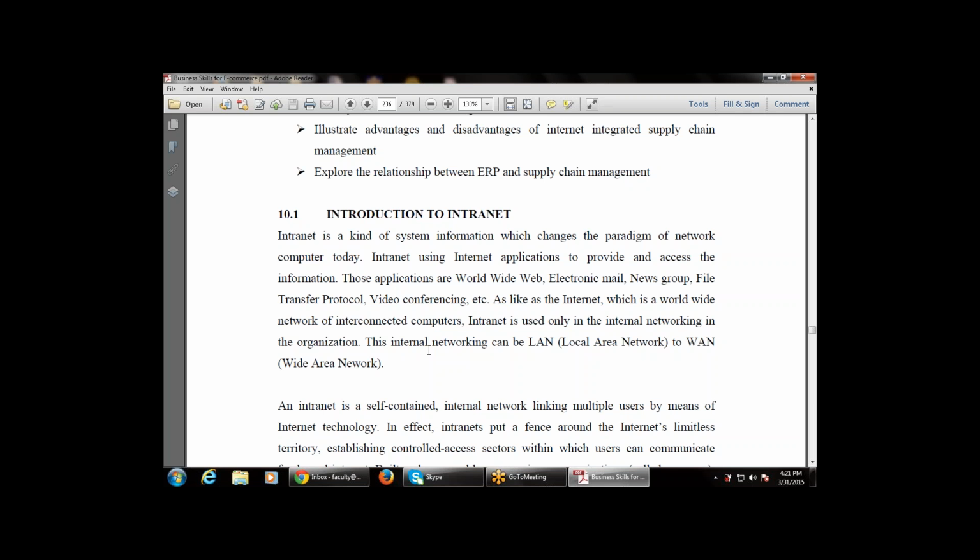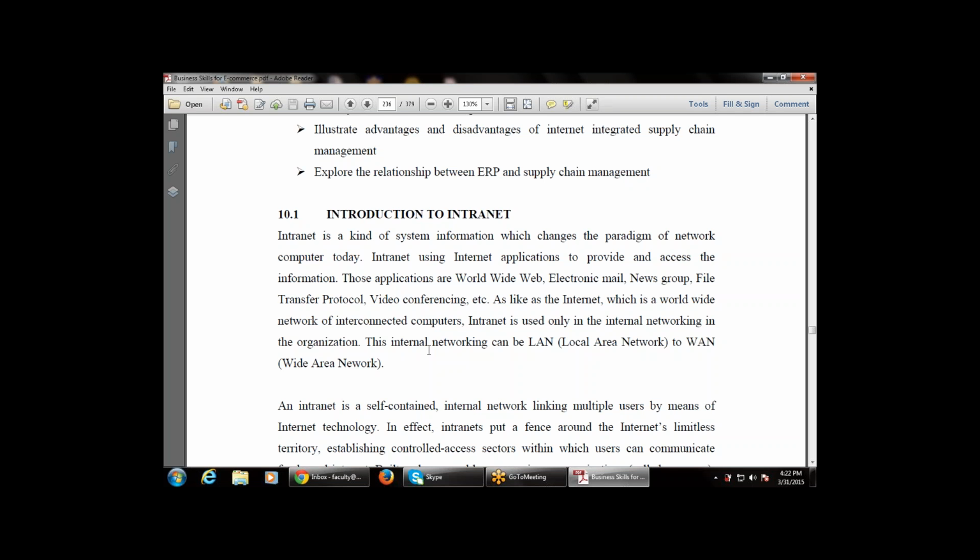Whenever I say internet, that is a collection of interconnected computers. And when I say intranet, that is used in internal networking in the organization, only for an organization. Suppose I am an employee of Mercury Solutions. In this organization there is a network that is known as intranet, and when I access my application, a GoToMeeting application, and I am talking to you, that is the internet.